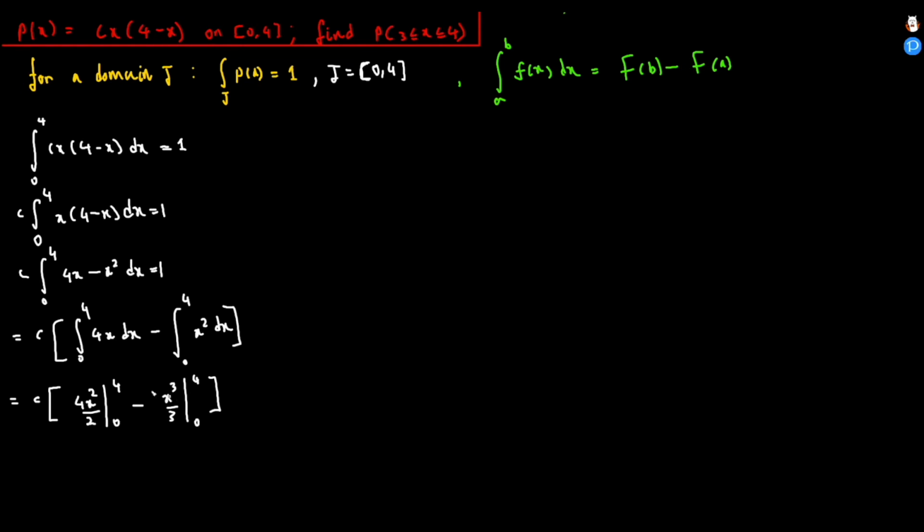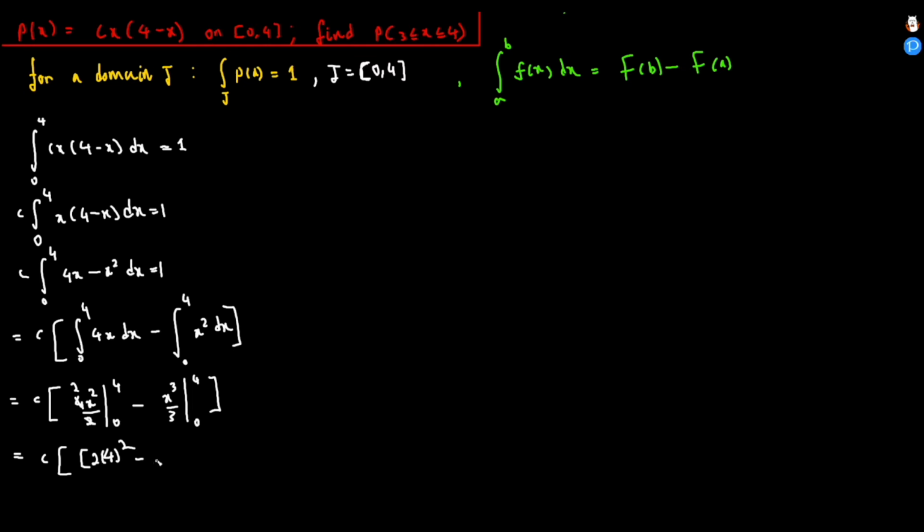Okay, so that's what we're using here, right? So now this is going to be equal to c times, so this is just 2, right?